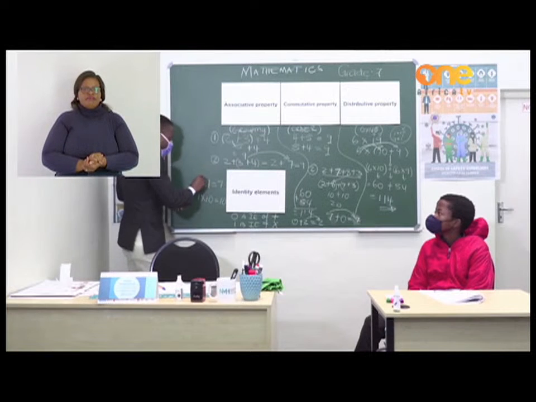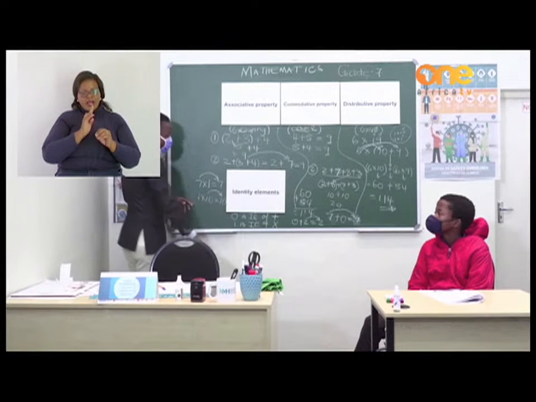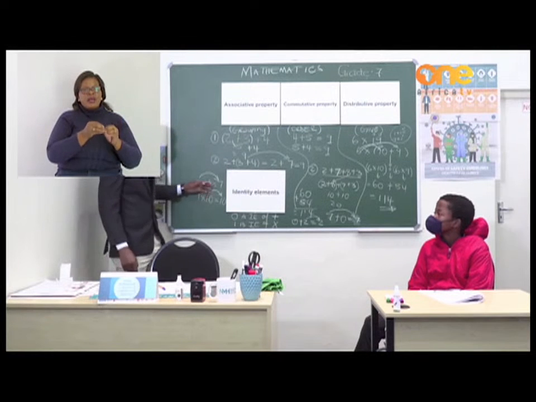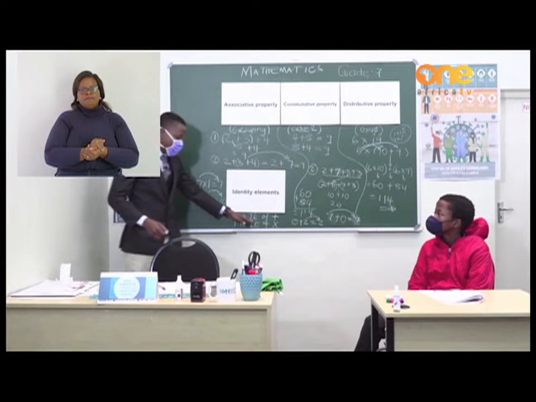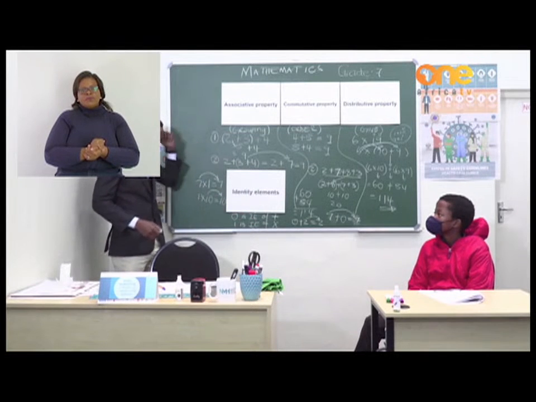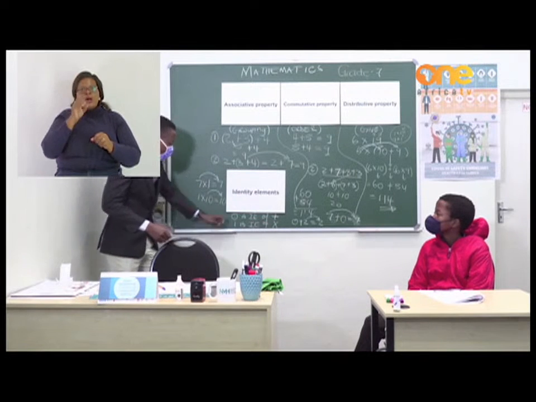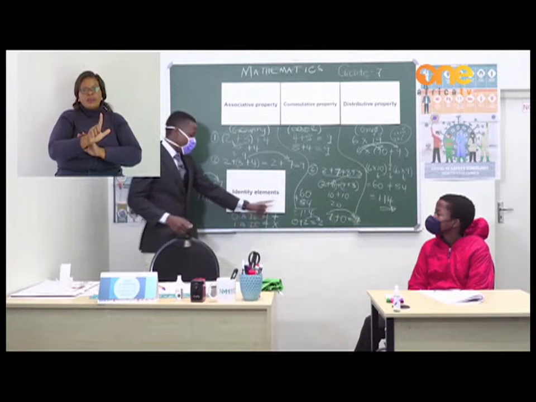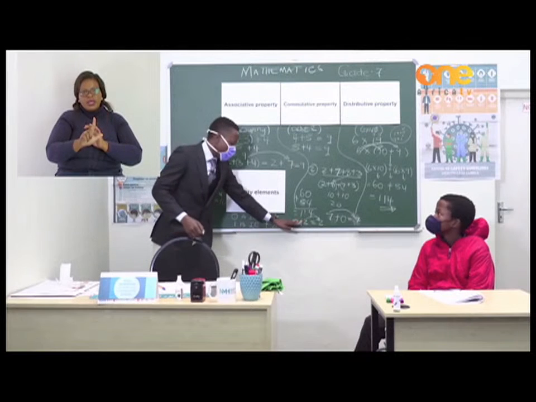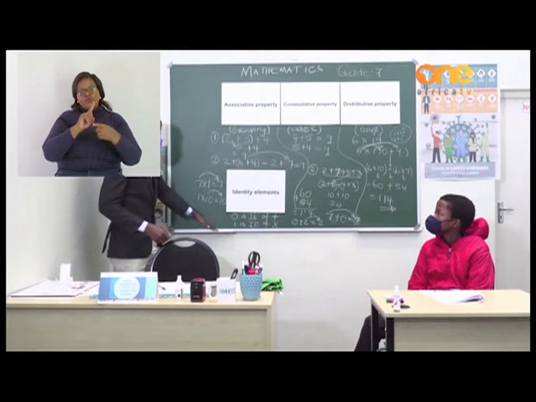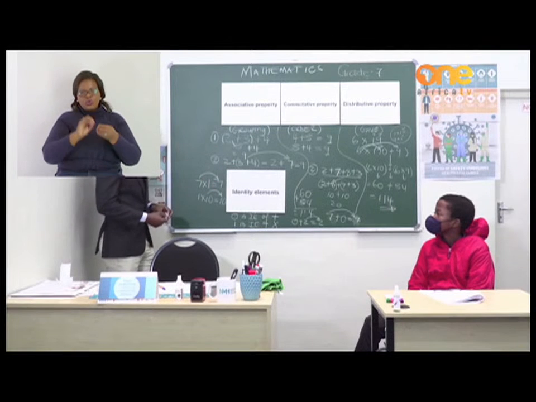So the answer is that number, when you are multiplying with 1. So this must be fixed in the head that 0 is an identity element of addition and 1 is an identity element of multiplication. Why? Because if you add 0 to a number, you get that number. If you multiply a number by 1, you get that number.